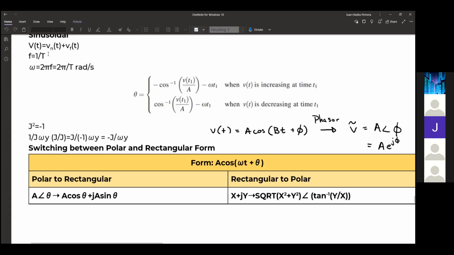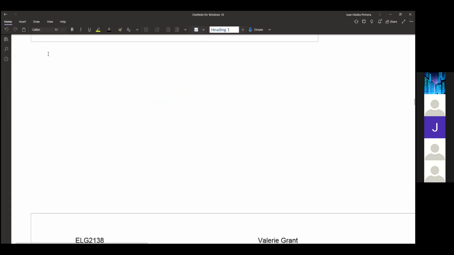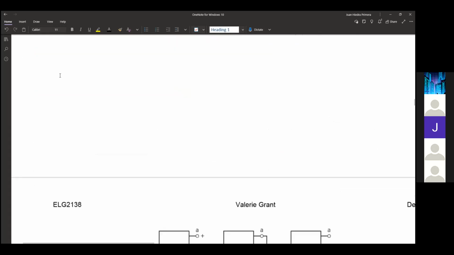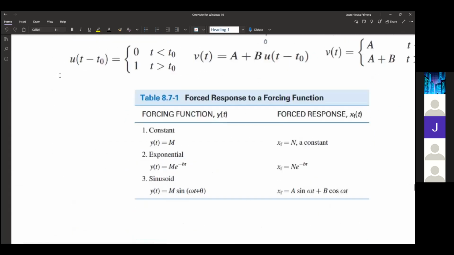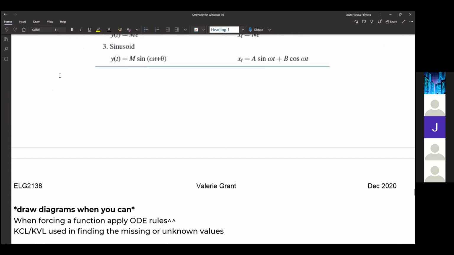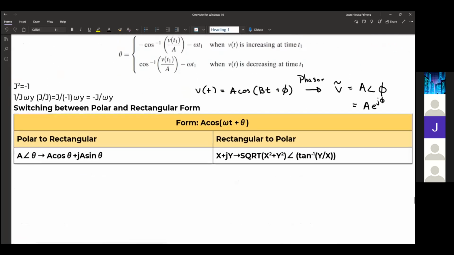So this form here, A angle delta, is polar form. And you can switch it to a rectangular form: A cos delta plus j A sine delta.